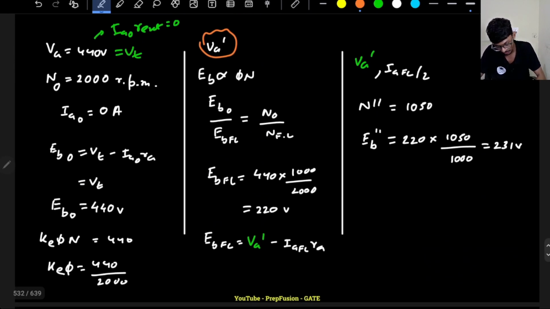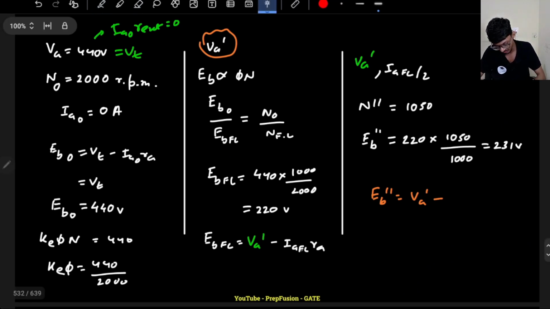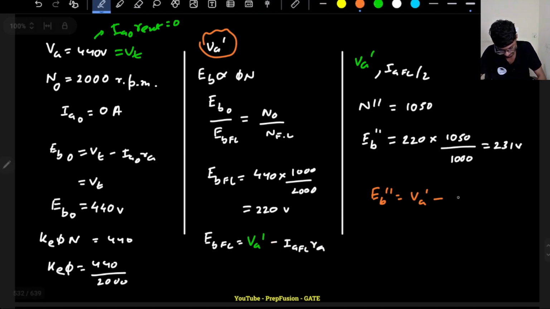So if I equate this value, my EB double dash will be VA dash, because the armature voltage has not changed, minus the current across the armature into the resistance of the armature. Current has now halved, so it is IAFL by 2 into RA.